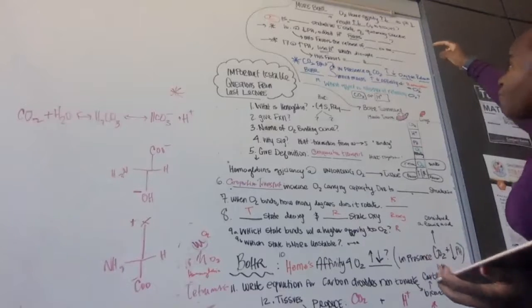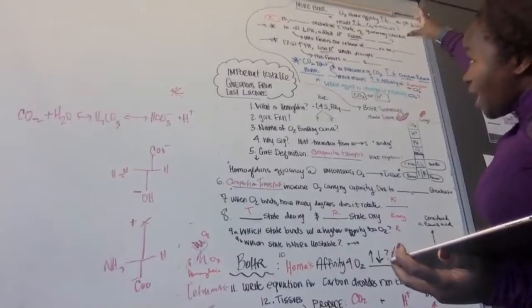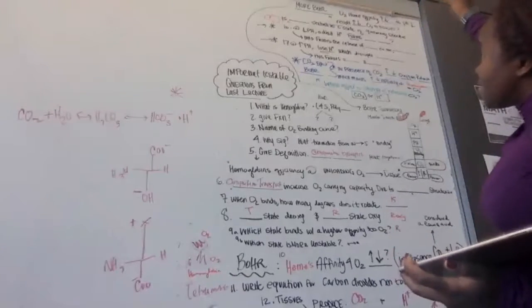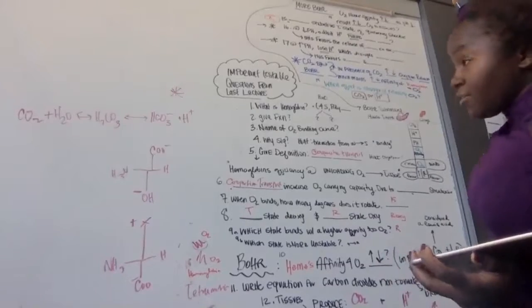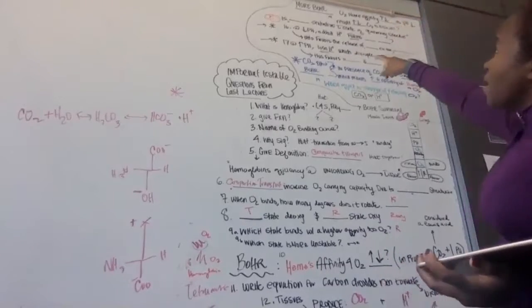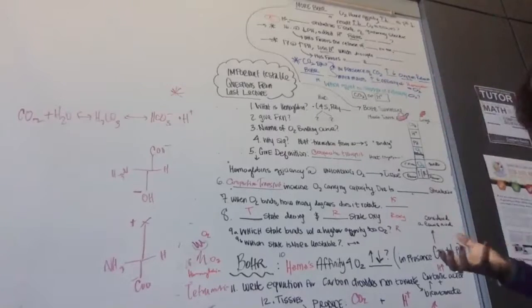So I have that when histidine is in an acidic environment, it'll form the salt bridge and favor the release, and in the basic environment, it will disrupt.